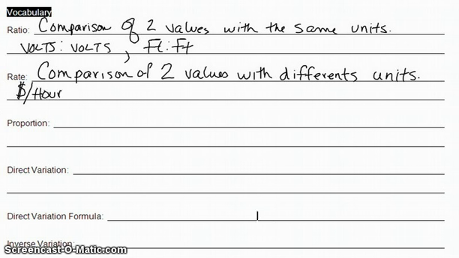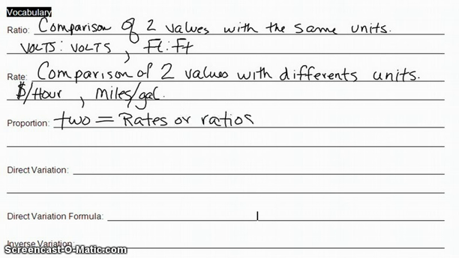How much are you making on your job every hour? Your wage. Another one that might be of interest to people is miles per gallon. That would be your mileage. Those are just a couple different rates that we use in everyday life all the time. When we have 2 equal rates or ratios, we have a proportion.